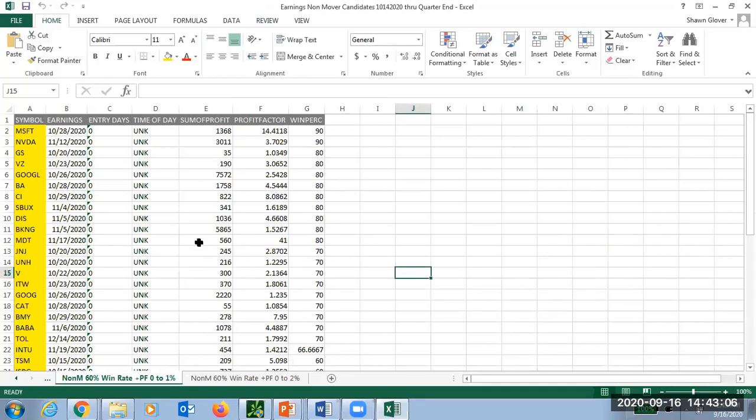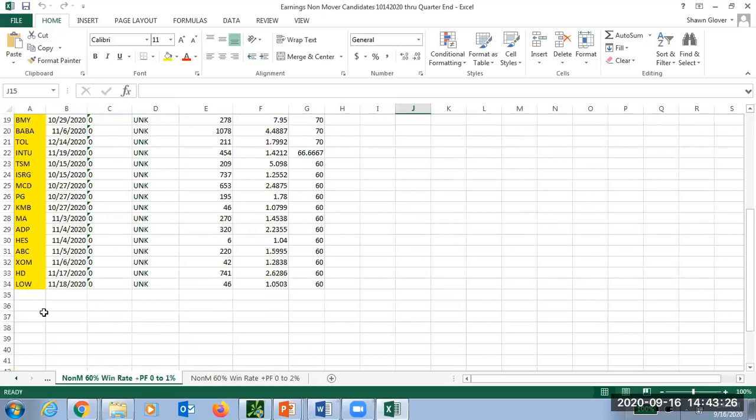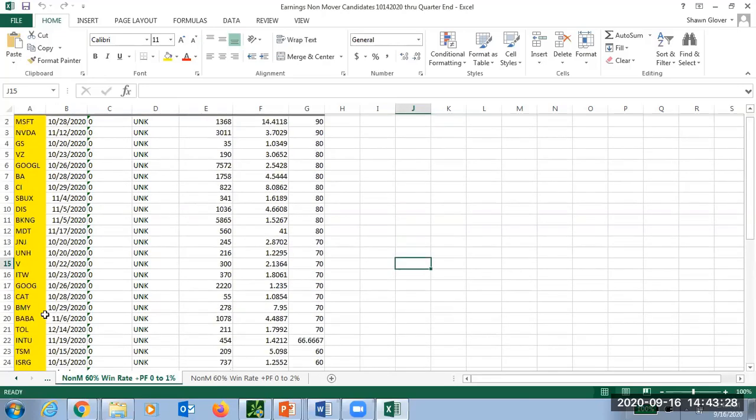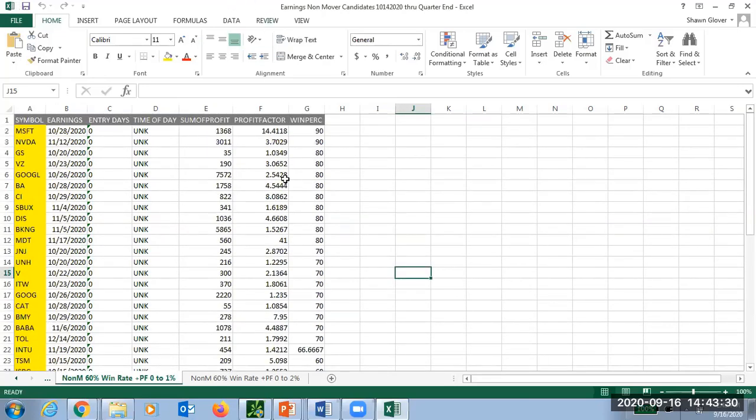So basically what I used is I wanted to find options that were fairly liquid. And by doing that, I was able to put in the screener within Delphian the option spread, the difference between the bid and ask on the particular option, which has to be less than 1%. Based on that, here's my list of about 33 stocks that I was looking at for the non-mover candidates.